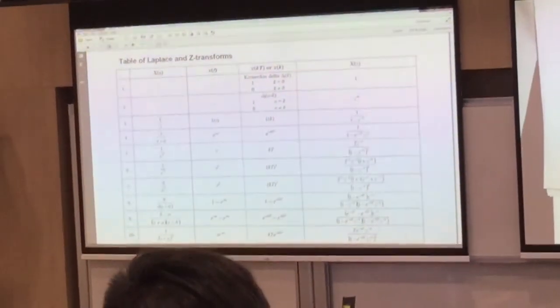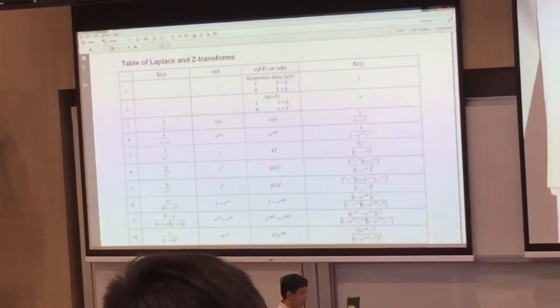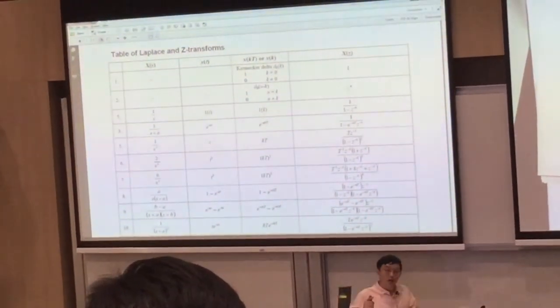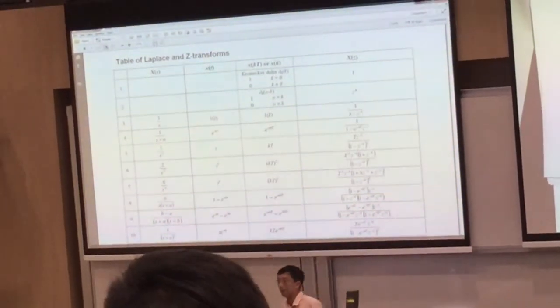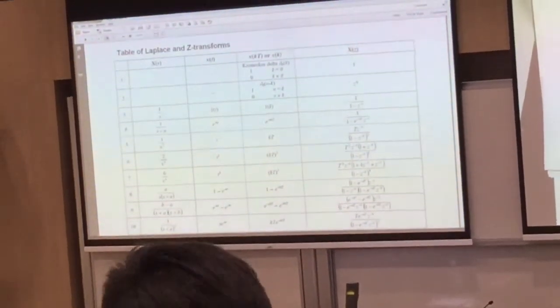Why? First of all, from the digital to the analog conversion, you can have zero order hold, you may also have first order hold, you may have second order hold, you can have many.